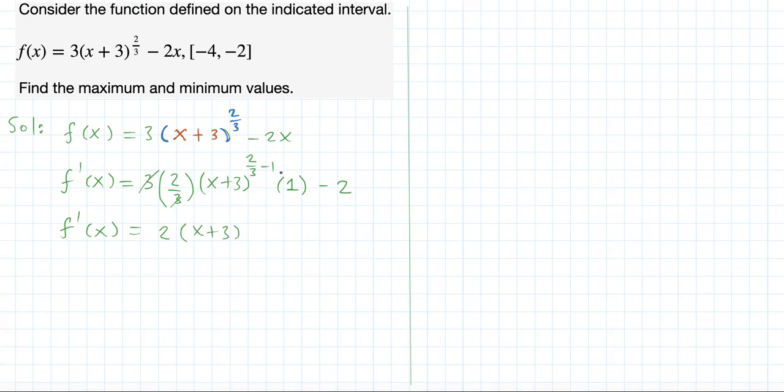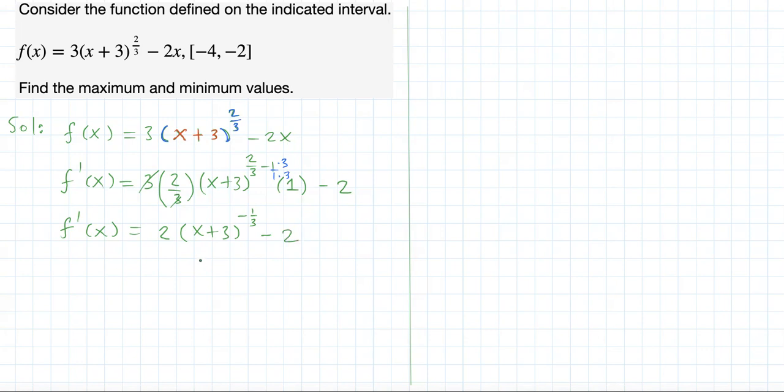What's 2/3 minus 1? Well, 1 is the same as 1 over 1, multiplied by the 3, the LCD. So 2 minus 3 over the common denominator, LCD 3, minus 2, right?